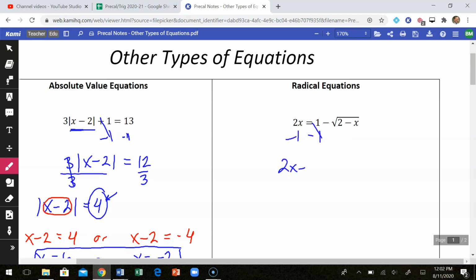So I have 2x minus 1 is equal to negative the square root of 2 minus x. Then I'm going to divide by negative 1 so that I get rid of that. That gives us negative 2x plus 1 is equal to the square root of 2 minus x.